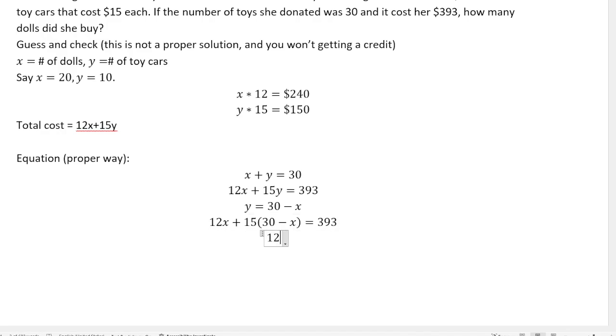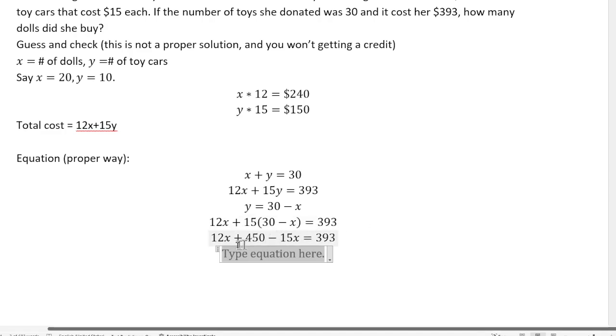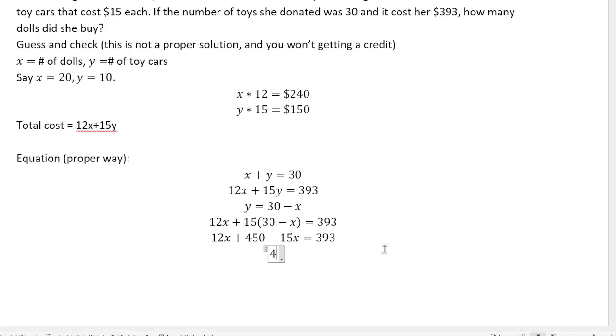Okay, so you have 12x plus 450 minus 15x equals 393.